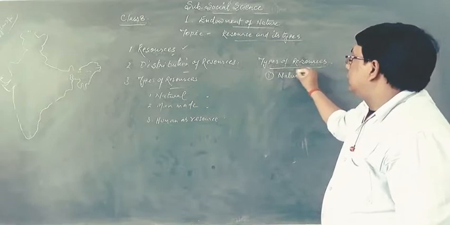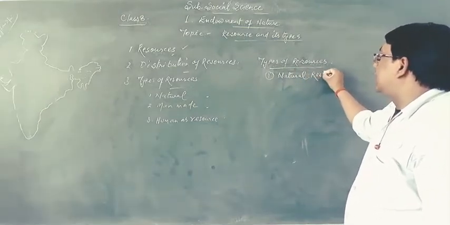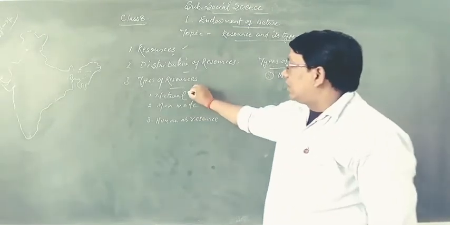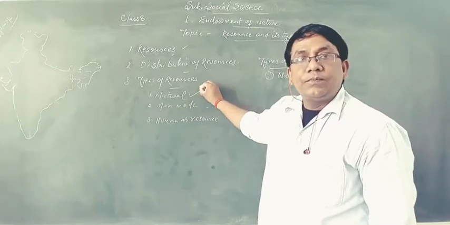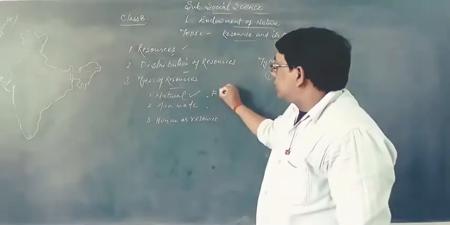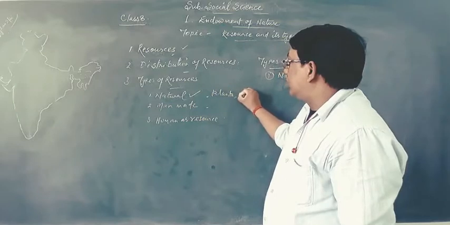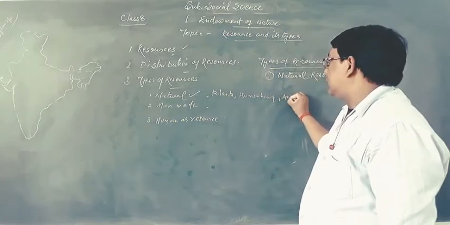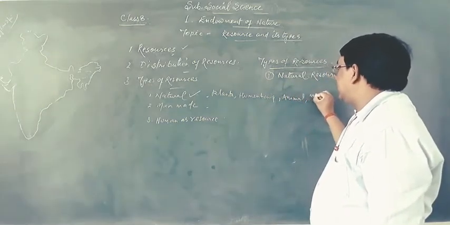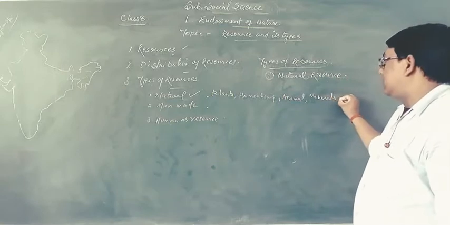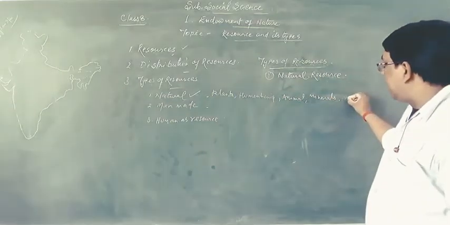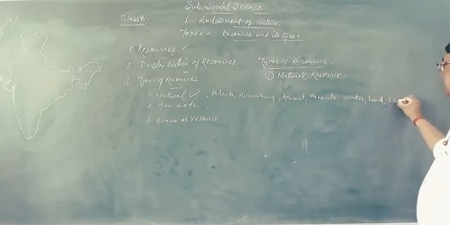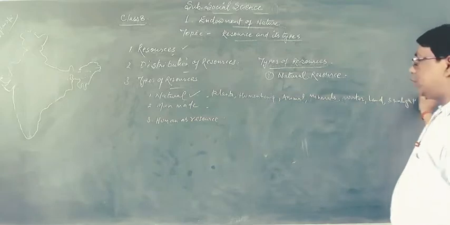These are resources we get directly from nature: plants, human beings, animals, minerals, water, land, sunlight. So many resources are available.